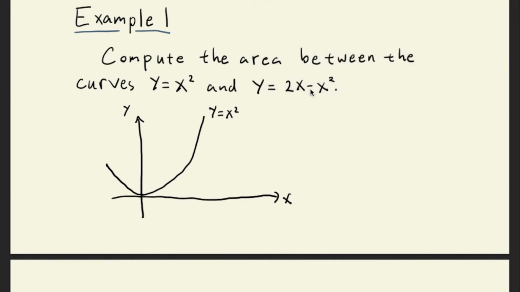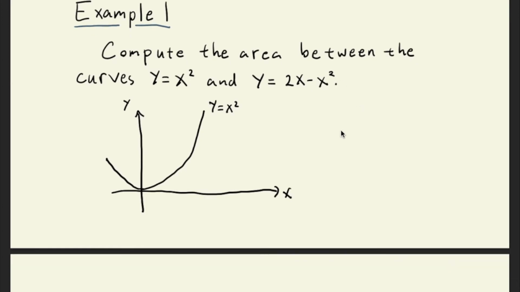Now y equals 2x minus x squared. Drawing this is a little bit more complicated, but it's not so bad. This is also a parabola, but because the sign of the coefficient multiplying x squared is negative, this is a negative parabola.